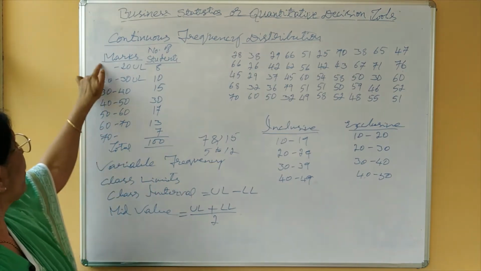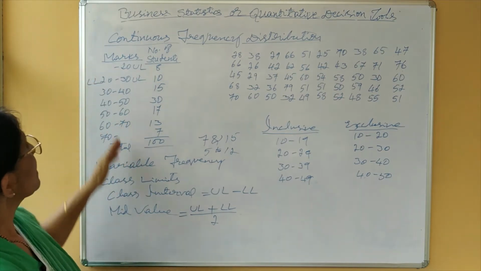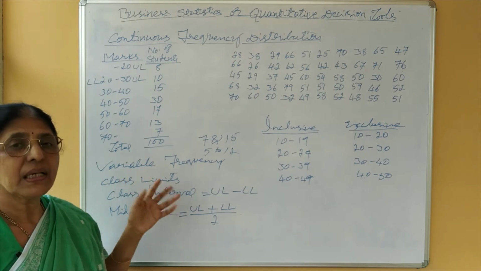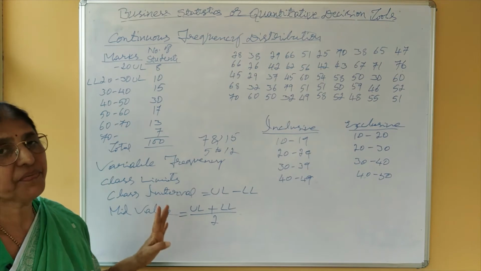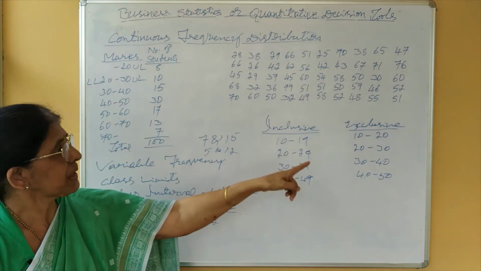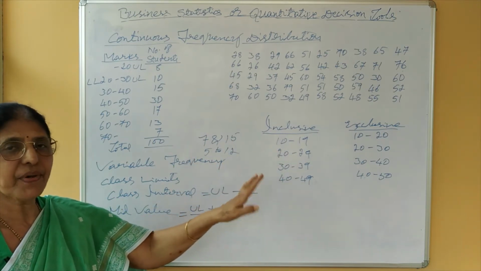Therefore, open-end classes must be avoided. Then the variables may be taken in ascending order or in descending order, but ascending order is preferred. Then it may be the inclusive method or the exclusive method, but the exclusive method is preferred.